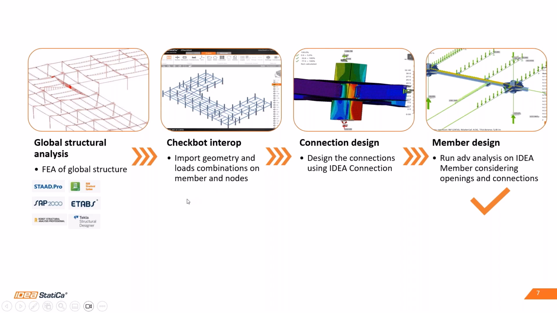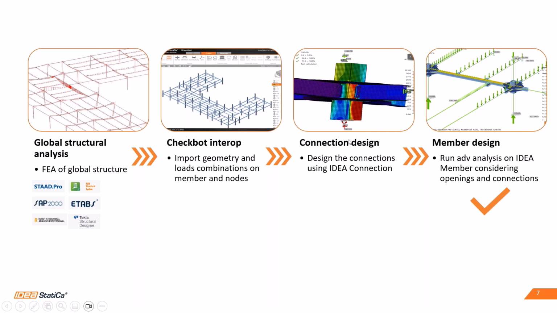So if you don't know, Checkbot is an application to translate all the information from other applications into the IDEA StatiCa world, let's say. And then once you're in Checkbot, you can open the joint or the nodes there, and then you can design your connections and run an analysis, code check those using the load combinations from your global structural analysis.